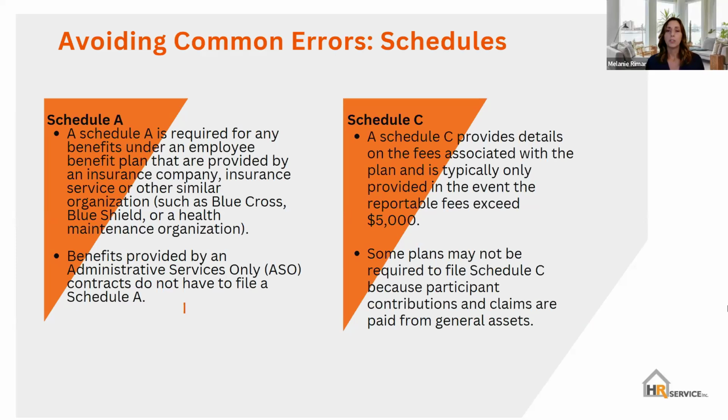And one way to determine, when you're looking at your Schedule A's, if you have an ASO, is you'll see fees to a TPA, fees to a broker, fees to an ASO, but you won't really see commissions or premiums listed. That would be one clue that that Schedule A is for an ASO.